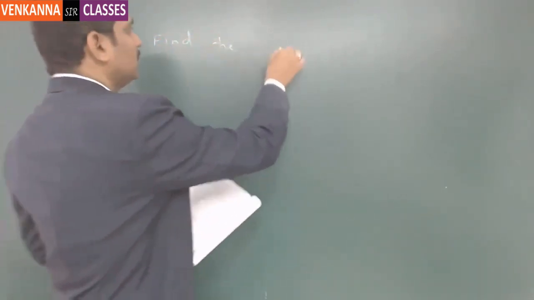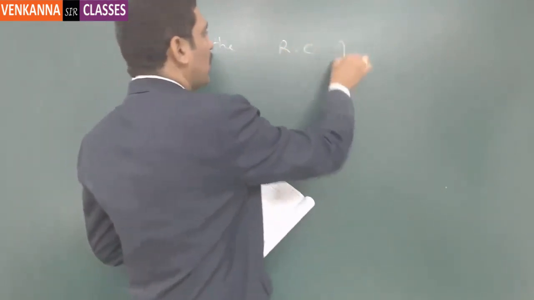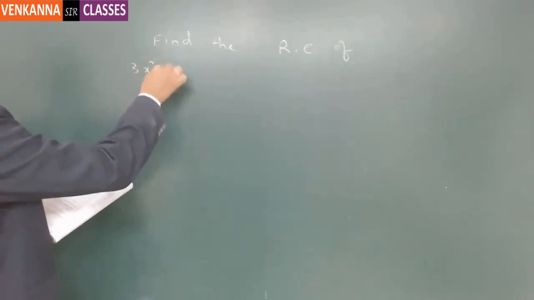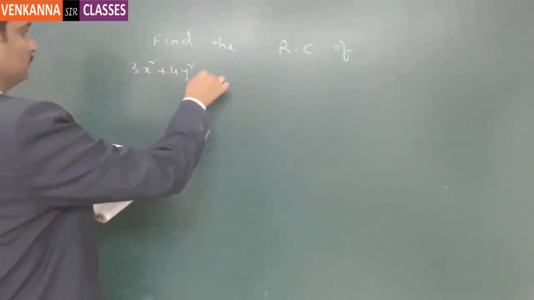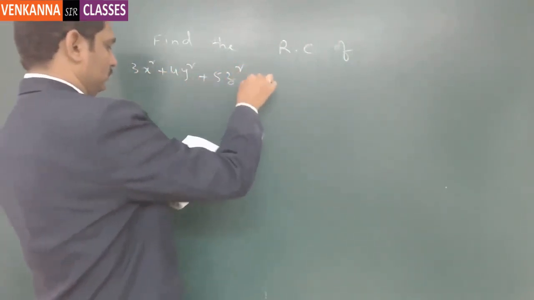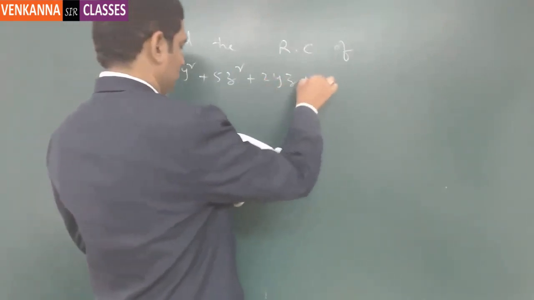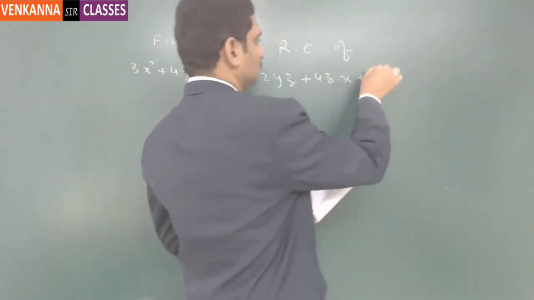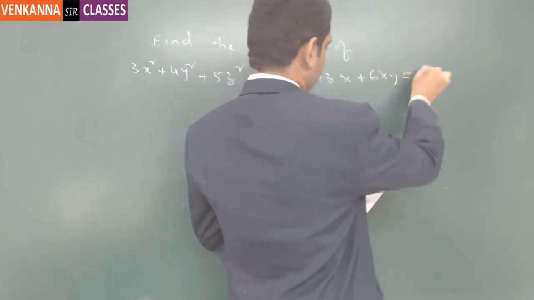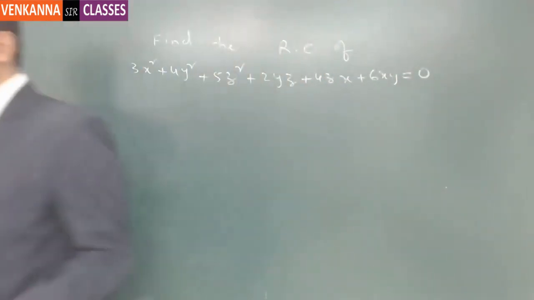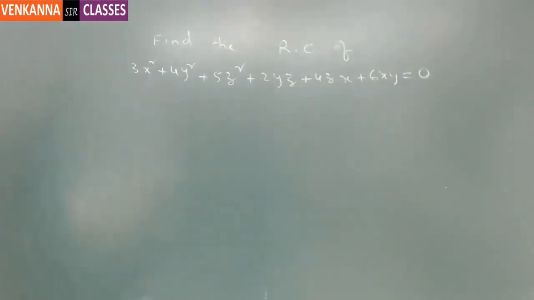Find the reciprocal cone of 3x square plus 4y square plus 5z square plus 2yz plus 4zx plus 6xy equal to 0.